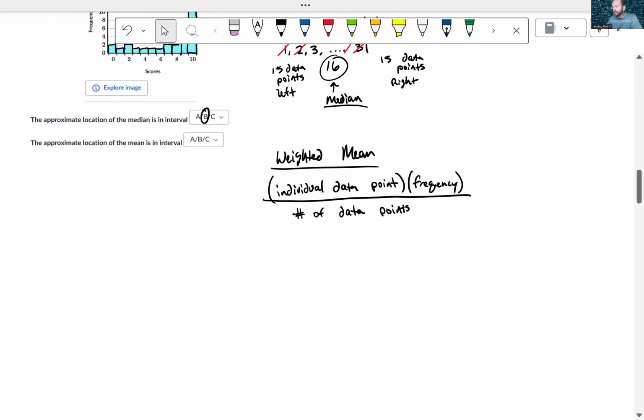Another way that we can write this is the sum of f sub i, x sub i over the sum of f sub i. That's just another notation.